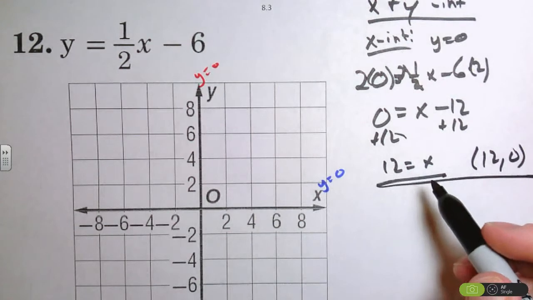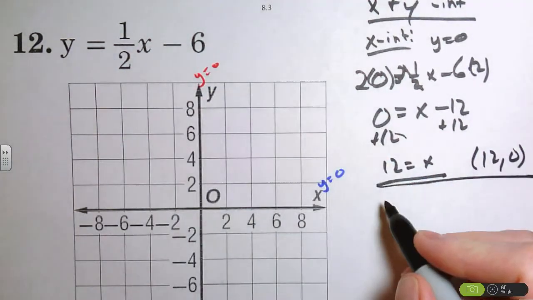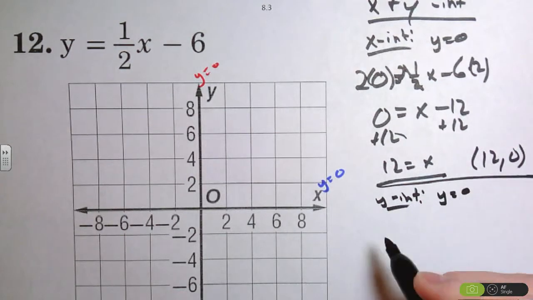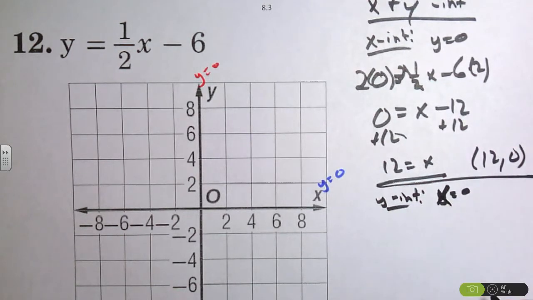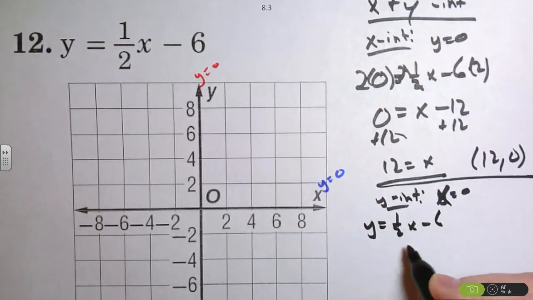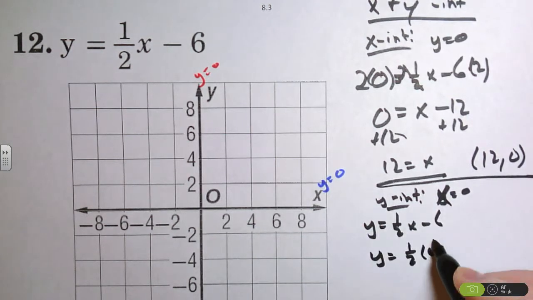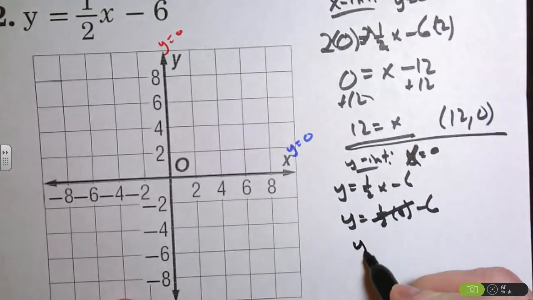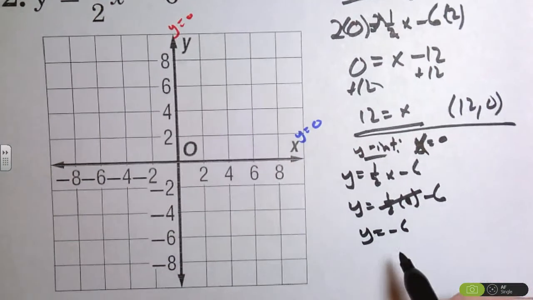The other point I could find is when I plug 0 in for x. That's the y-intercept. Sorry, not y equals 0, x equals 0. So y equals 1/2 times 0 minus 6. Well, 1/2 of 0 is gone, so y is negative 6.